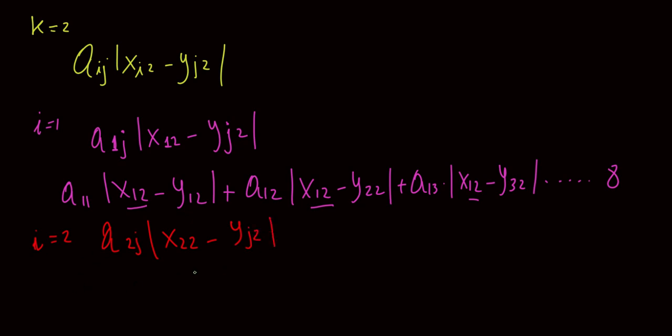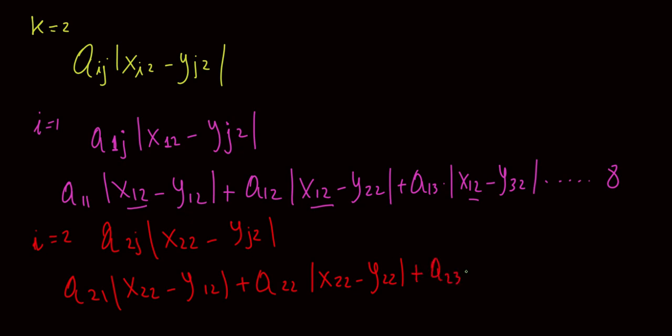If I want to expand over j, how many terms? 8 more. a21 times x22 minus y12, plus a22 times x22 minus y22, plus a23 absolute value of x22 minus y32, and so on up to a28.